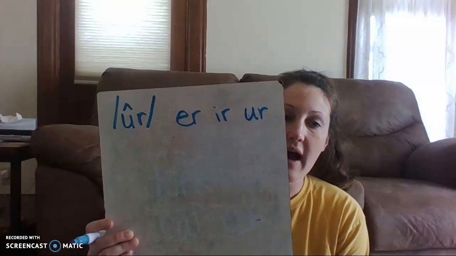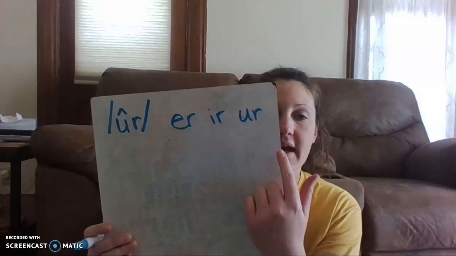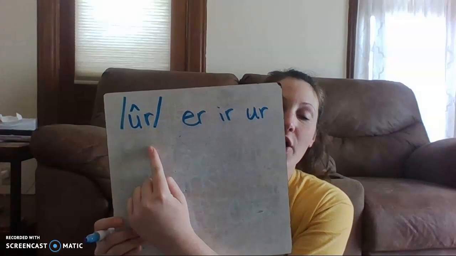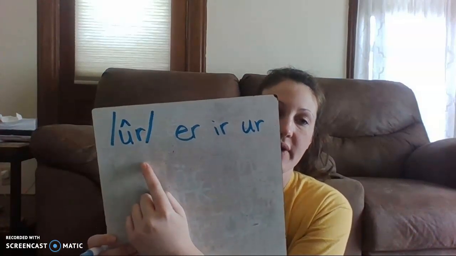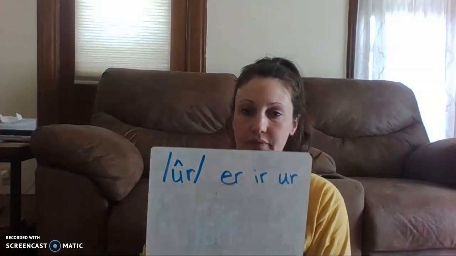So ER, IR, and UR are going to say er. This is kind of how we would code it. For example, listen to the word fur. There are two sounds, okay? We hear the R, but it's not saying R like in AR. So we know it has to have a vowel.